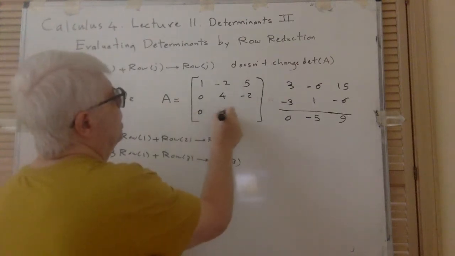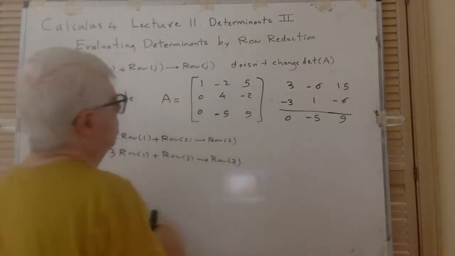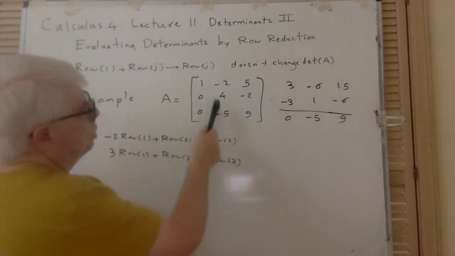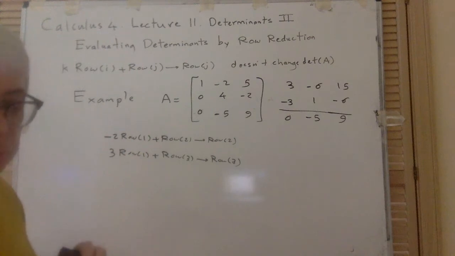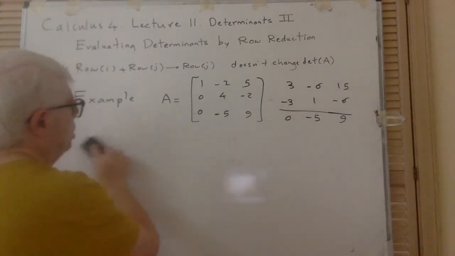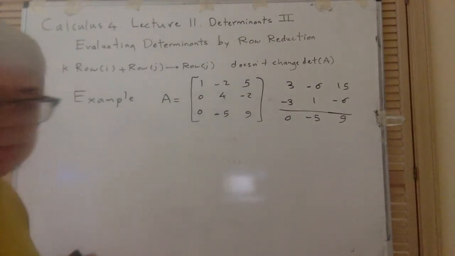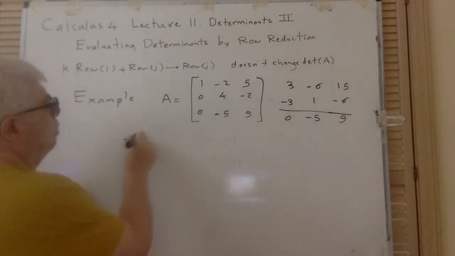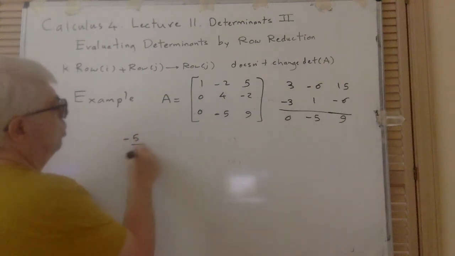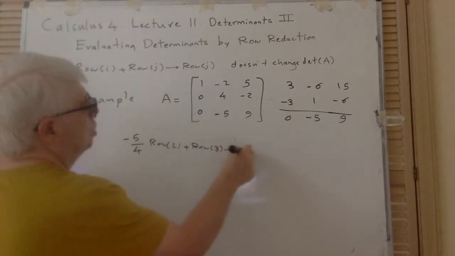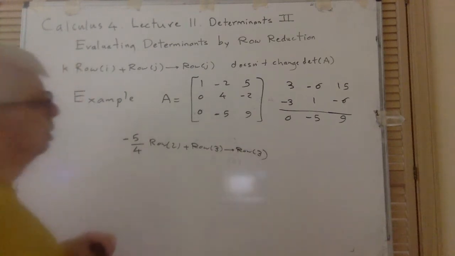Okay. So this is not done yet. I have to get rid of this using this. And remember, I cannot divide by anything. Don't divide. So what row operation gets rid of this minus 5? It is minus 5 over 4 row 2 plus row 3 goes to row 3, okay?